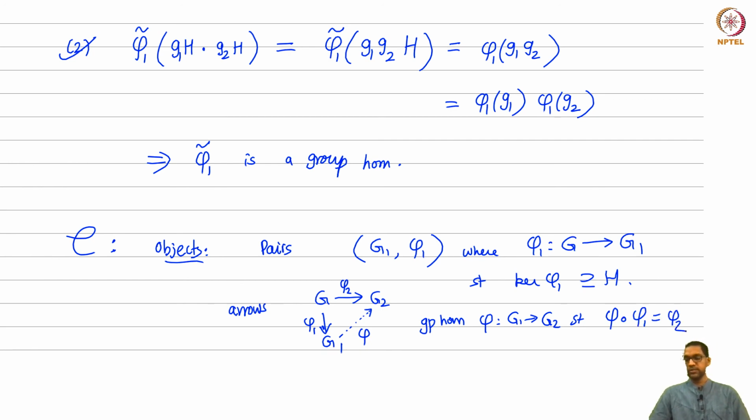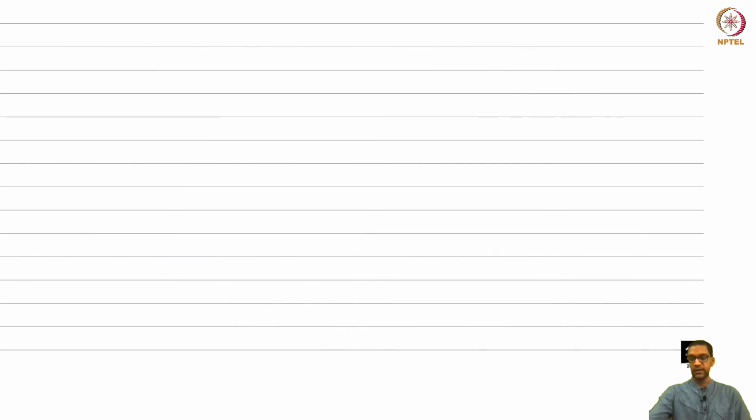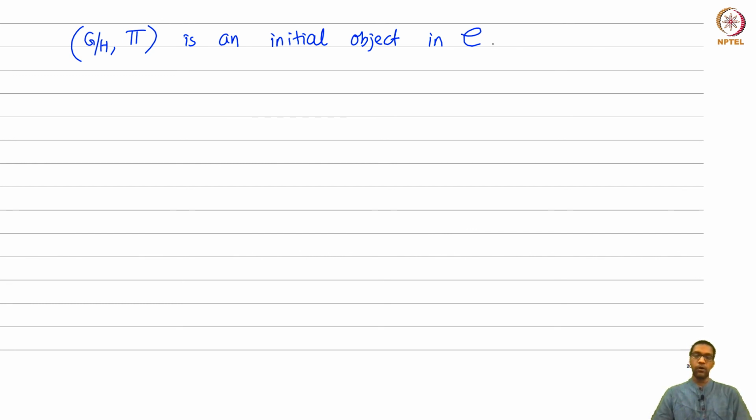So this is an arrow in this category. Once you define your objects and arrows in this particular way, then observe again that the quotient we are talking about, G/H comma pi, is an initial object in this category C. So all these universal properties can be phrased in terms of initial or final objects in appropriate categories. Now we'll use this next time to actually construct the tensor product of modules.